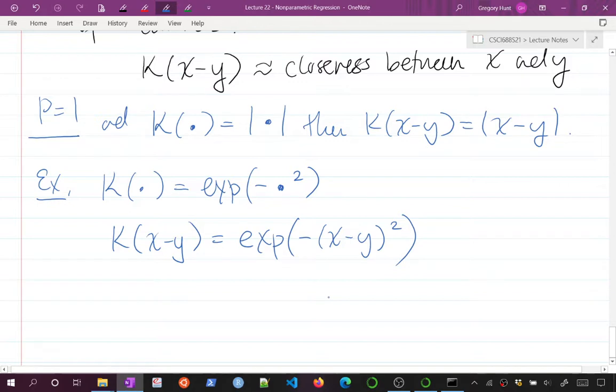Now that thing does satisfy all four conditions for a definition of a kernel. So this is some kind of other measure of closeness. Notice that when x and y are equal, this thing gives us 1. And when x and y are far apart, this thing gives us a small number.